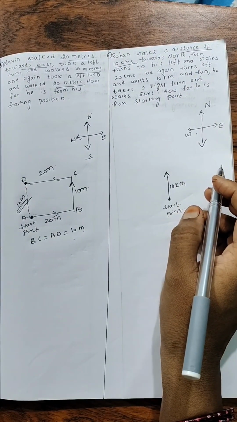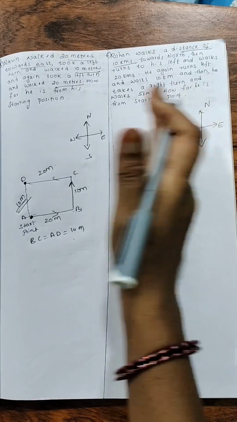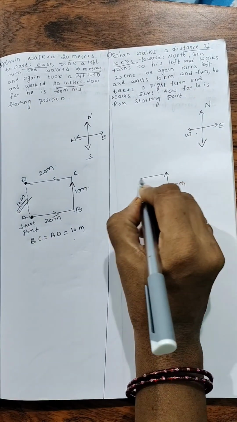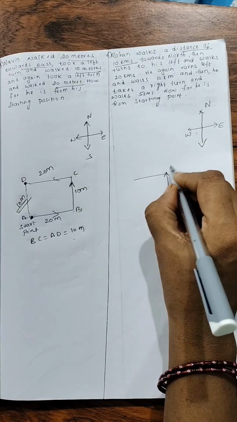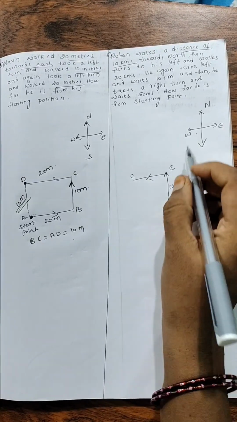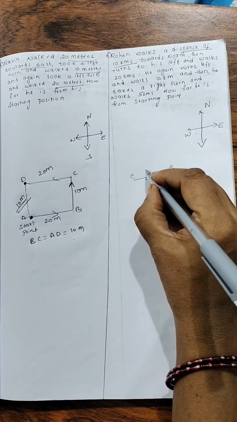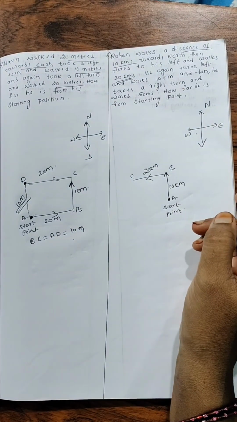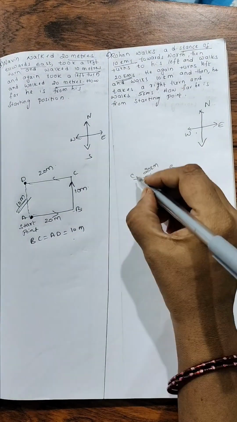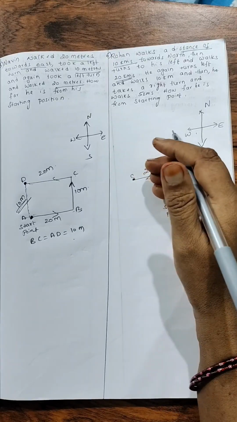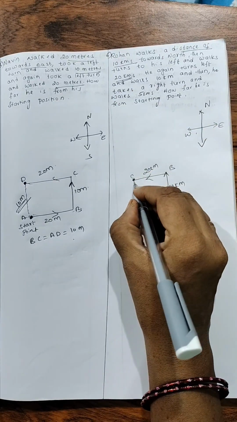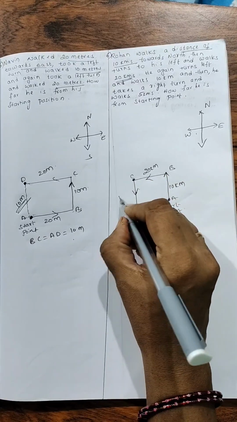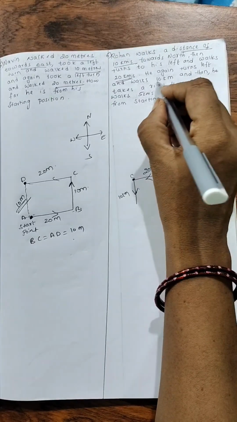Then he turned to his left. When he stands here, this becomes his left. Put some names now: A, B, C. He turned left and walked again 20 kilometers. He again turns left, after standing here, means this side, and walks 10 kilometers.